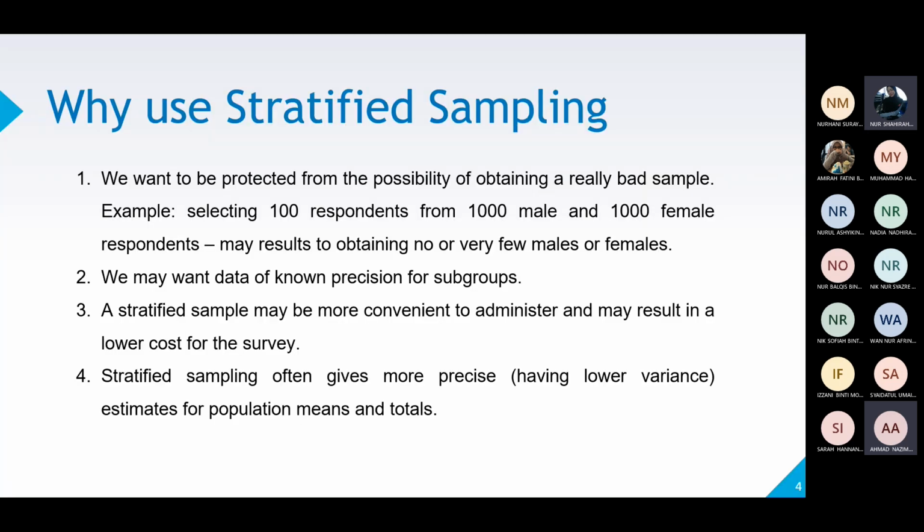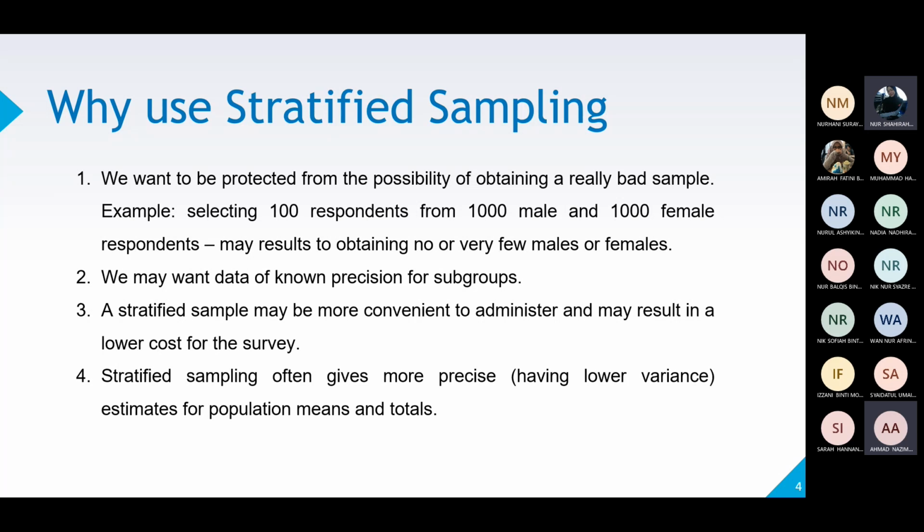And why use stratified sampling? Why don't we use simple random sampling or systematic random sampling? First of all, we use stratified sampling because we want to be protected from the possibility of obtaining a really bad sample.